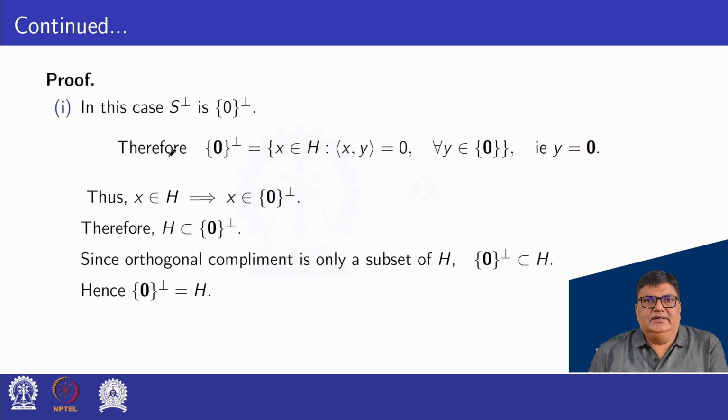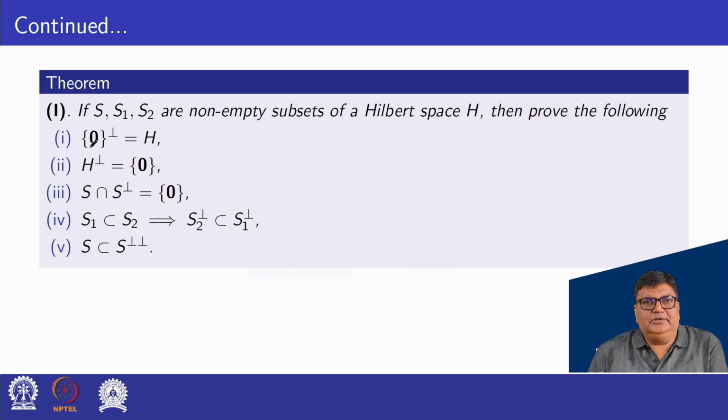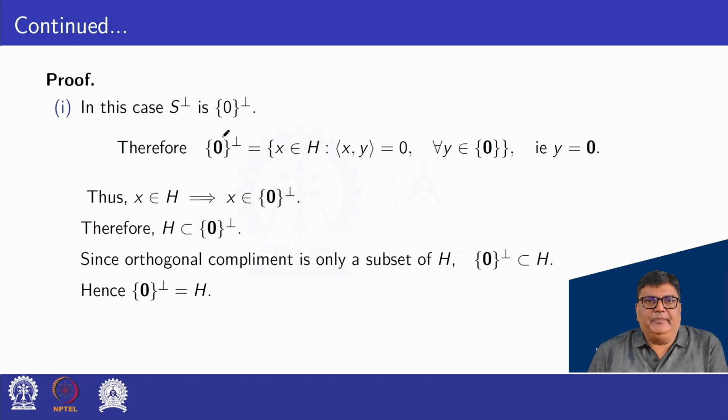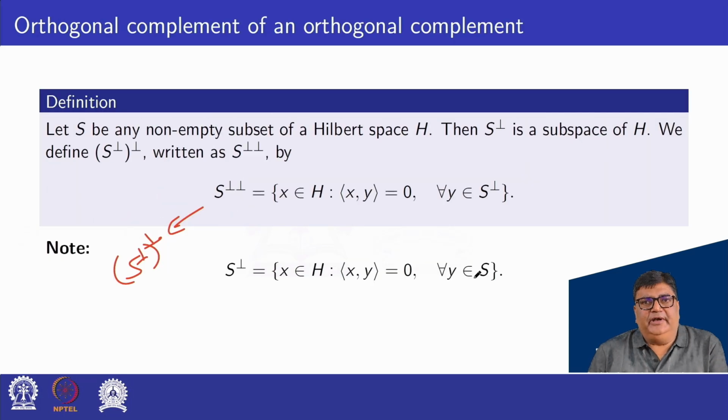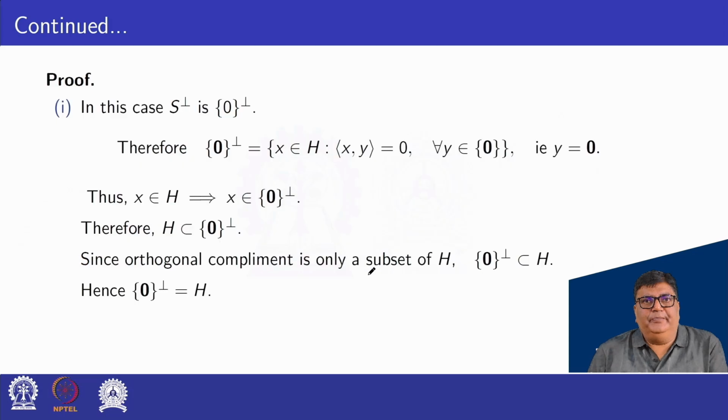In this case, consider the perpendicular of the singleton set 0. It means S perpendicular is the perpendicular of the singleton set 0. So the perpendicular of 0 can be defined as X an element of H such that the inner product of X, Y is equal to 0 for all Y belonging to the singleton set 0, that is Y is equal to 0.